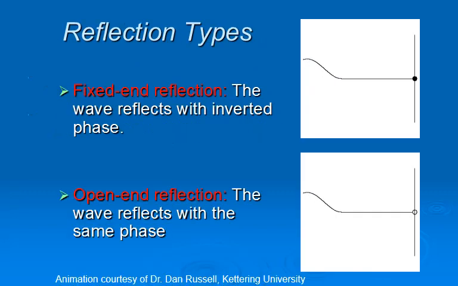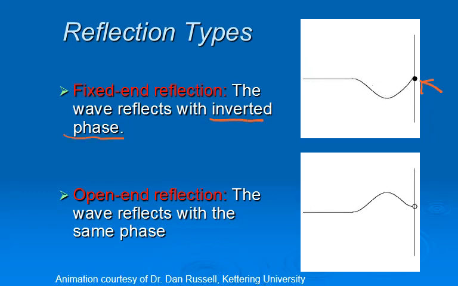So here's an example of a wave that hits a fixed end. The fixed end is not free to move. The wave hits it and then actually inverts. It goes in an inverted phase. It's completely out of phase as it bounces back. And the reason this happens is due to Newton's third law, right? The wave hits the wall upwards, so the equal and opposite reaction is the downward reflection of the wave.